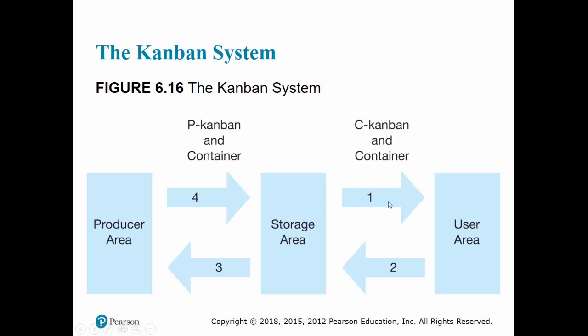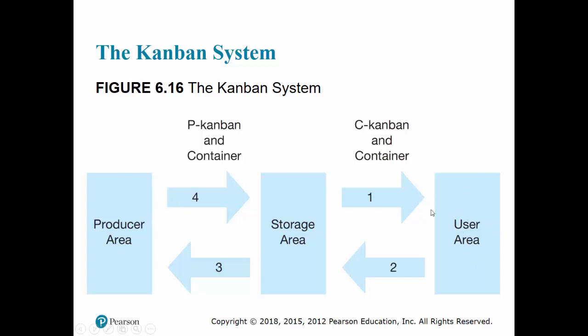So you have C Kanban going up and down here from the storage area into the usage area. The usage area can be downstream. Here the parts get produced, and here the parts get used. You may use the parts to produce some other part, and this can be used by somebody else downstream.